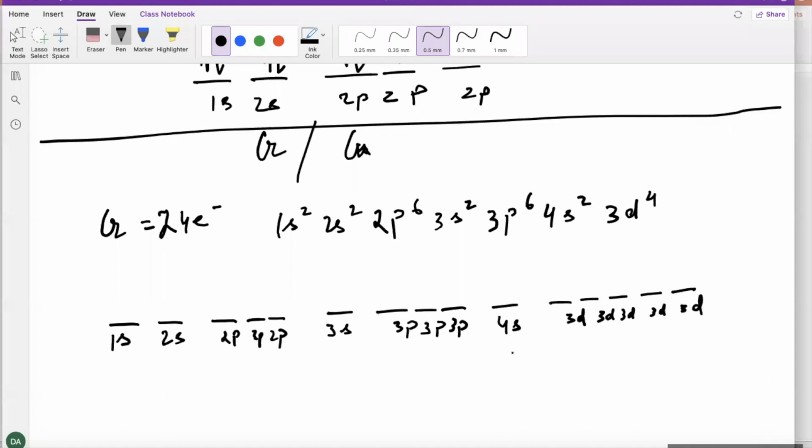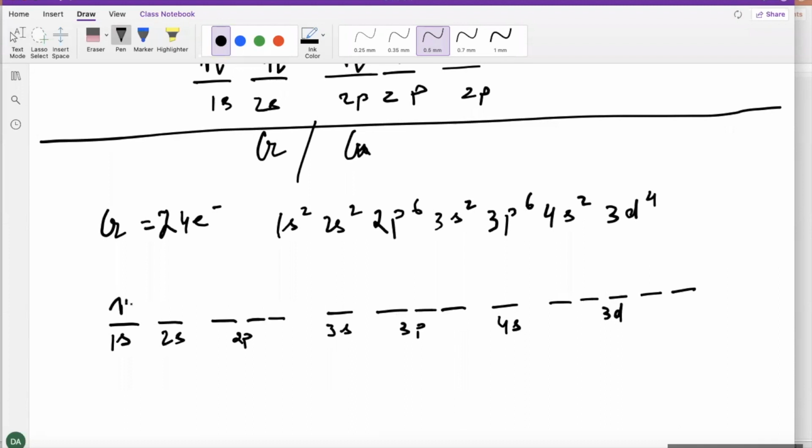Now, when you're going to see them in the textbook, guys, you might not see 2p written like 3 times, 3p written like 3 times. Usually, you're going to just see this labeled as 2p for all of them, 3p for all these three, and then 3d for all of these. Okay, so now let's start filling this, guys.